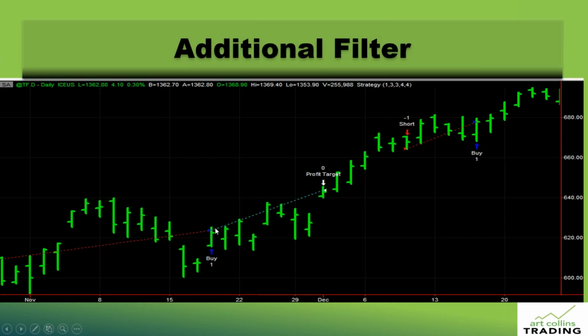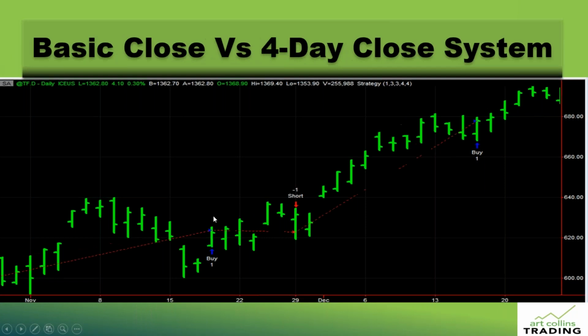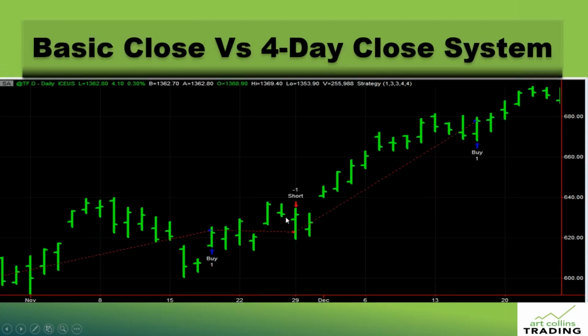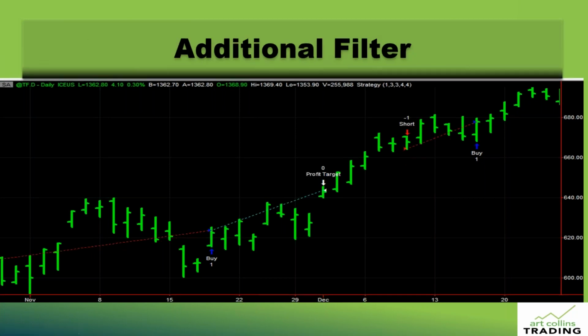It turns this slight losing long here into a winner, and it turns this big short loss into a small short loss.